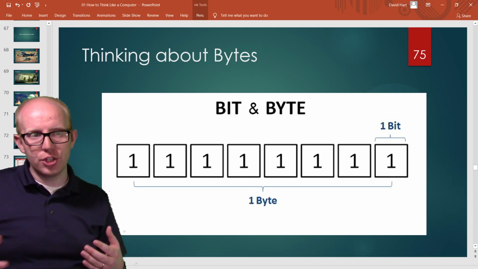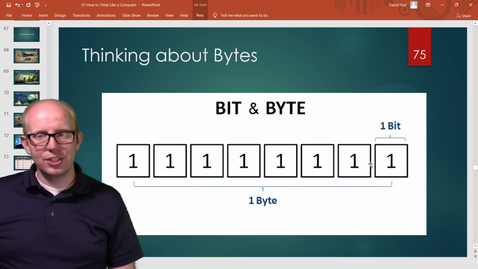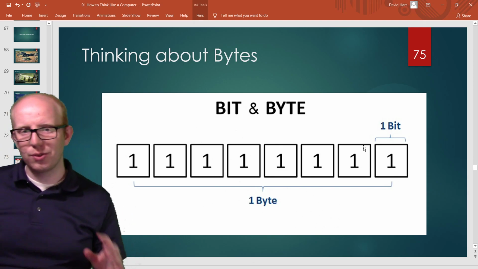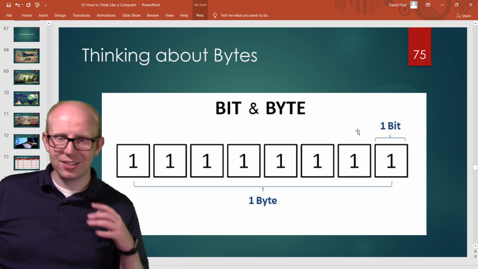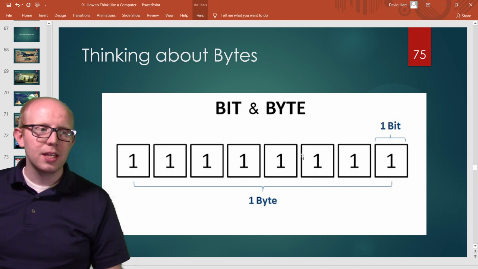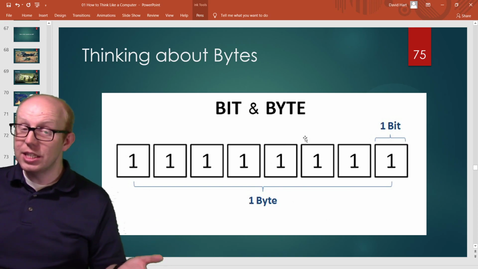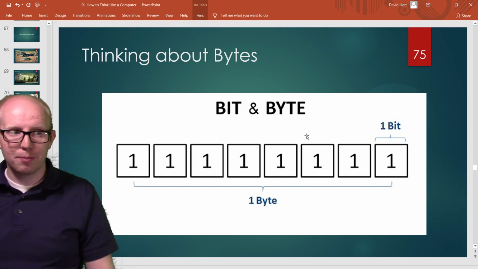So 1 digit in binary is what we call a bit. 8 digits in binary is what we call a byte. Because of the traditional way computers were set up, a lot of things work in terms of bytes. Turns out 8 digits is a really convenient way to represent a lot of things. For example, ASCII uses about 8 digits of information to represent any of those characters. So that's why things ended up being in bytes.